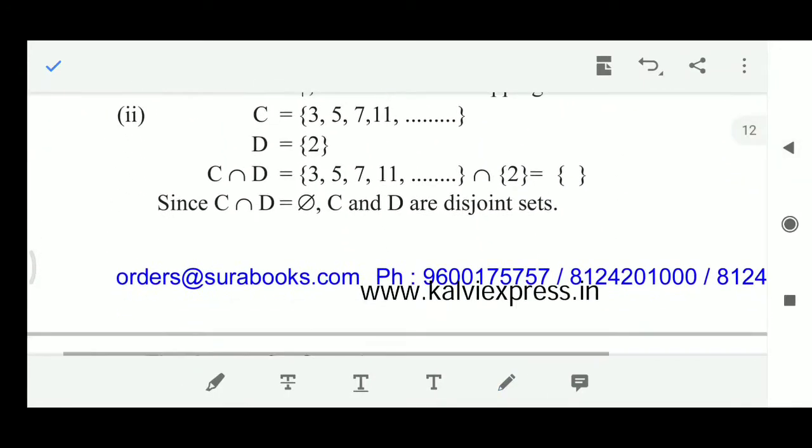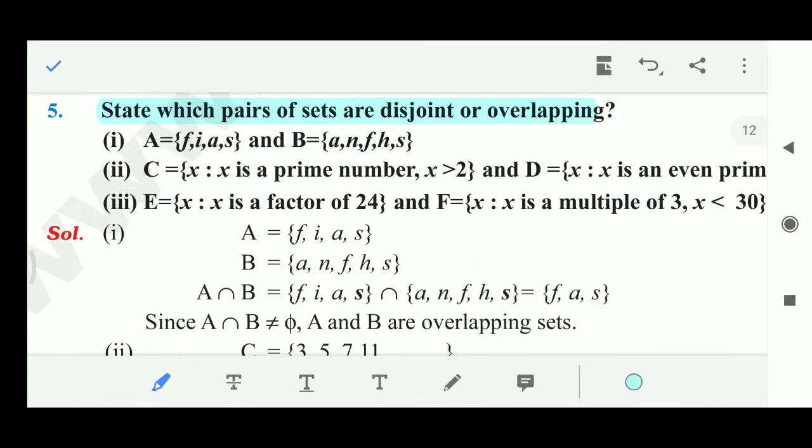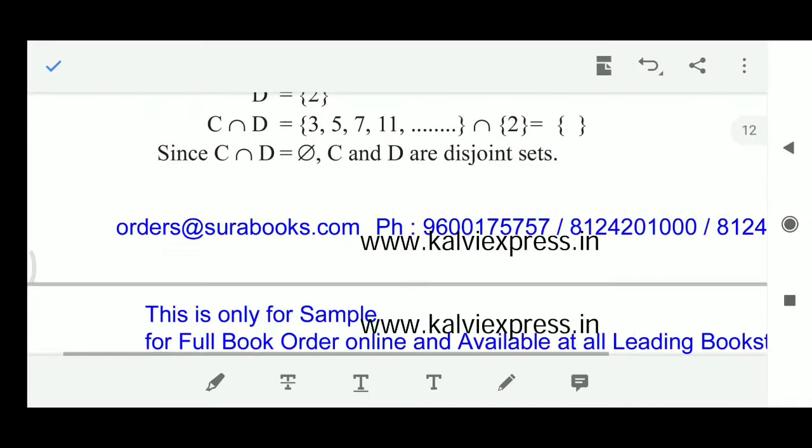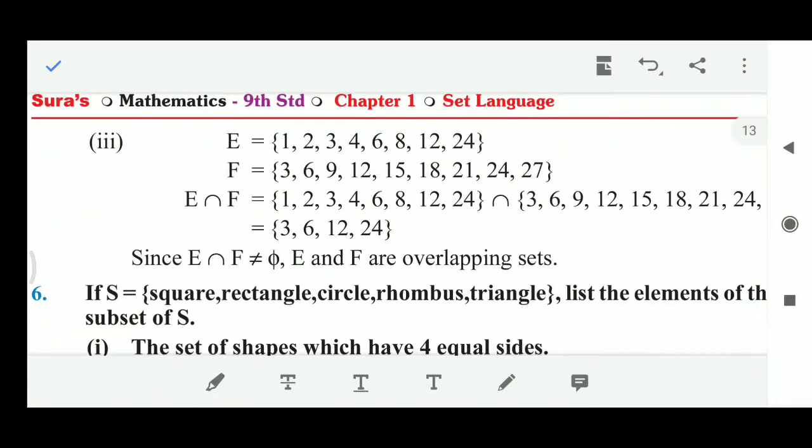In that, the third sum: E is equal to x such that x is a factor of 24, and F is equal to x such that x is a multiple of 3 where x is less than 30. The set E, the factors of 24, has elements 1, 2, 3, 4, 6, 8, 12, 24.